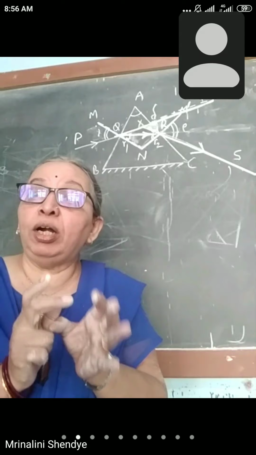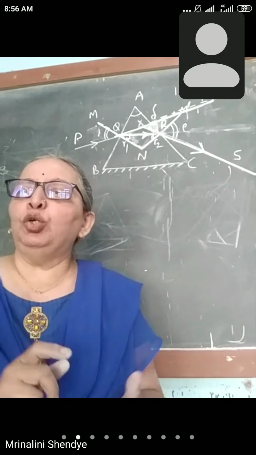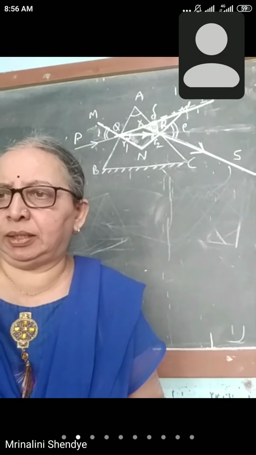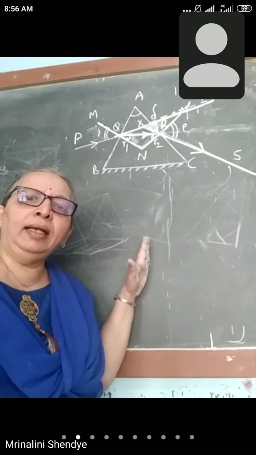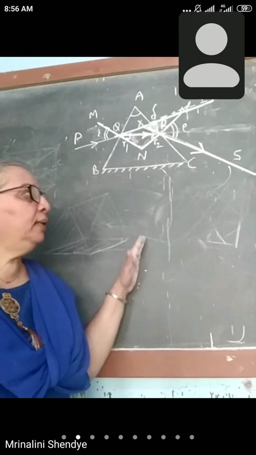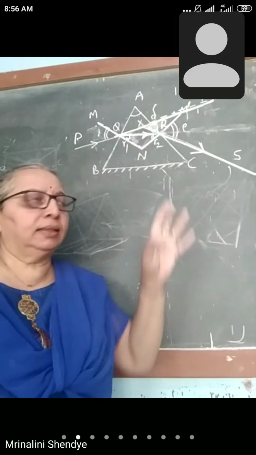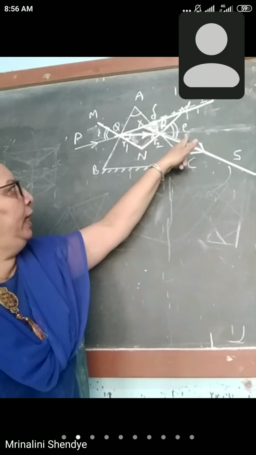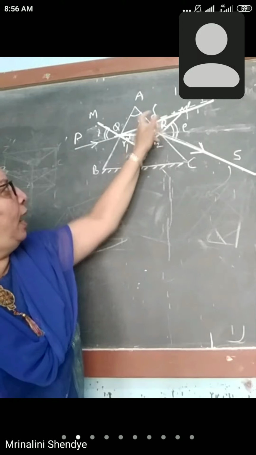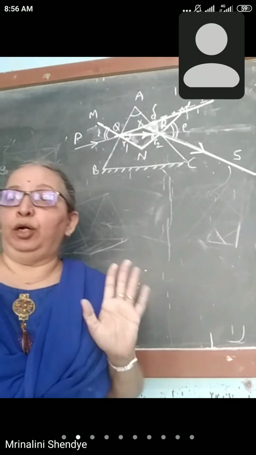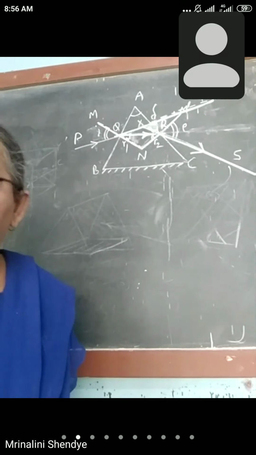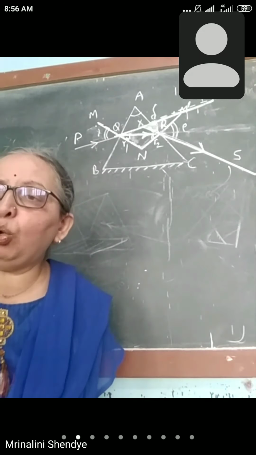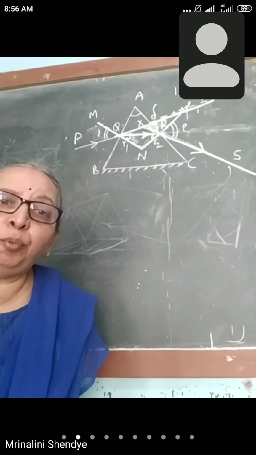That is called analytical treatment. So using a few geometry concepts, using this geometrical construction, we can have the relation between the different angles A, I, E, R, delta, R1 and R2. And that derivation is given on page 172 below the diagram, figure 9.18.